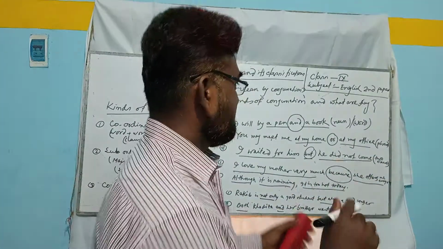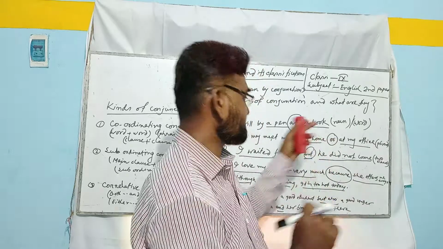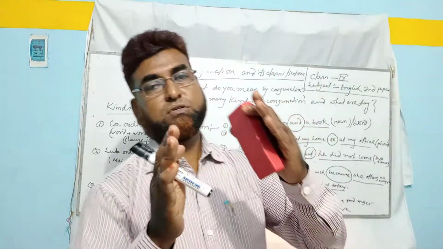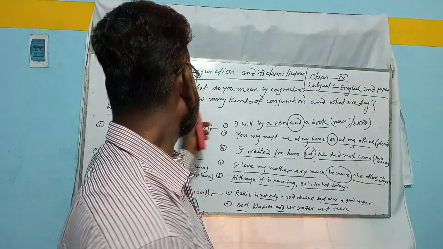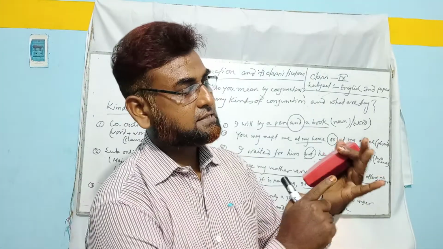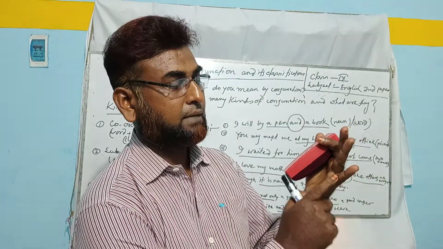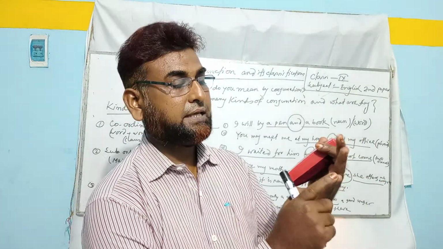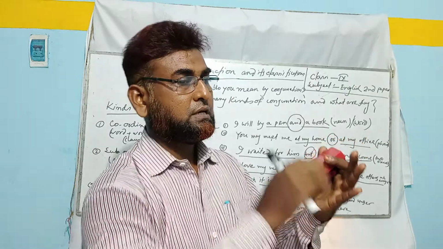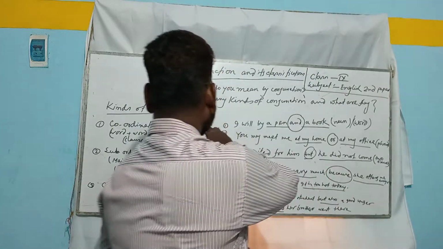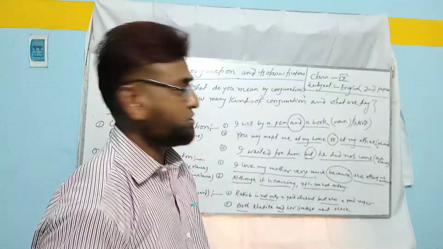Before going to my discussion, I want to give a list of coordinating conjunctions: and, but, or, yet, so, for. All are coordinating conjunctions.